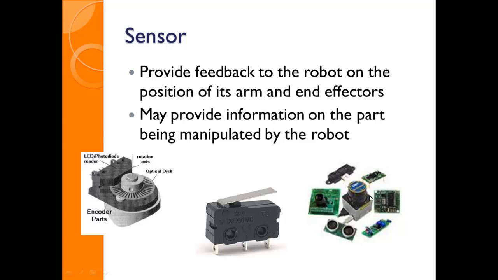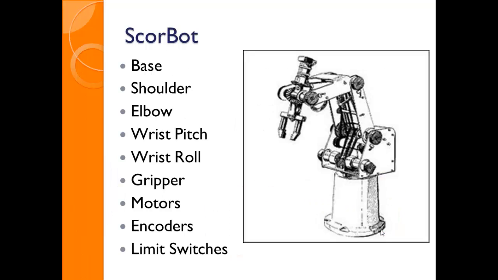These are various sensors. That's a ping sensor. This is a color sensor, it looks like. A variety of sensors. This one appears to be an accelerometer. Those could be external sensors that you used in combination with the robot. All right, on the Scorebot, we have a variety of things.